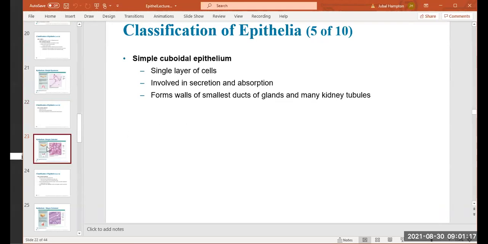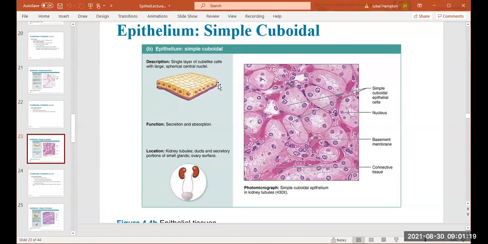Here we see projected a diagram that shows simple cuboidal as it's set up with a photomicrograph, a light microscope photograph of the cuboidal tissues stained again with H&E, and you can see the coloration. Note the multitude of nuclei that you see here. And here's an example of where they're found within the organs of the kidney.